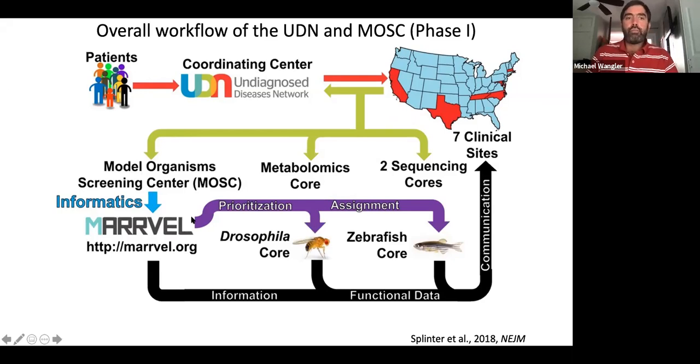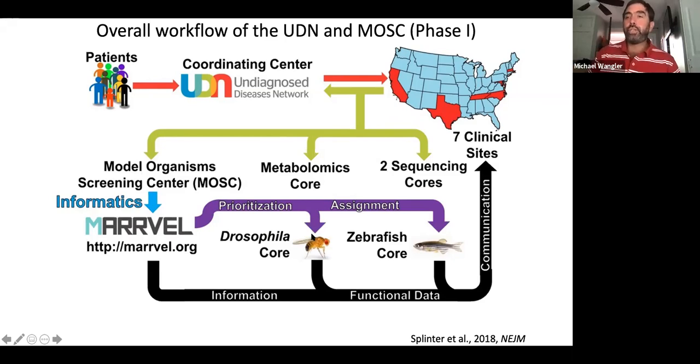And we have an informatics platform called Marvel that we use for individual variants to get at not only human genomic data, but also model organism data that's relevant for that gene and that variant. And then we use that along with other tools to prioritize and then assign.